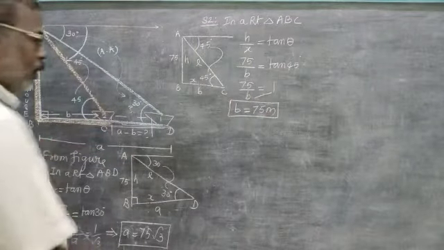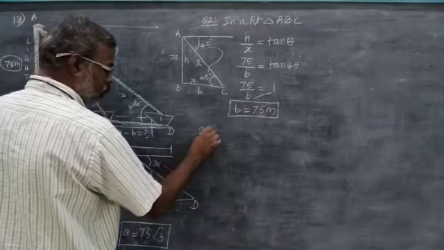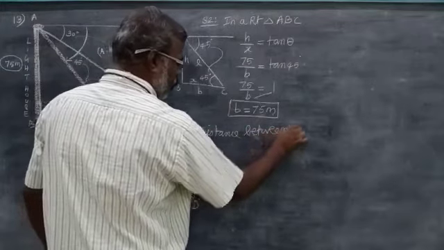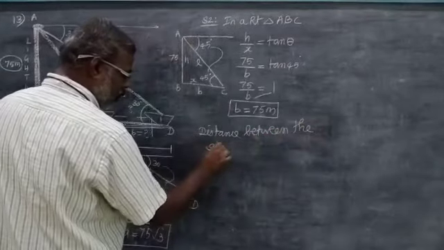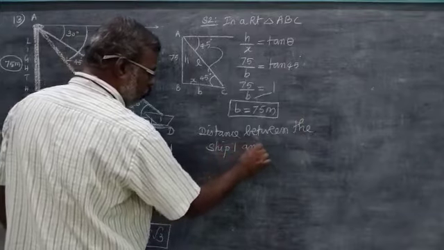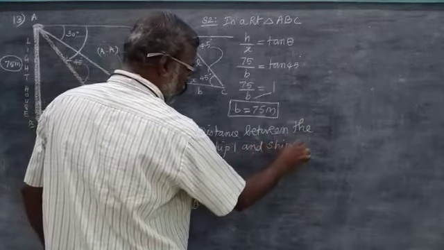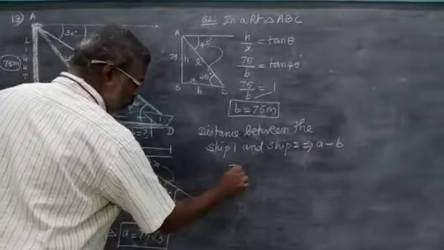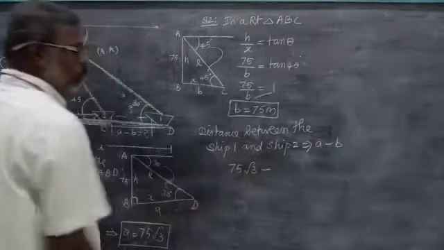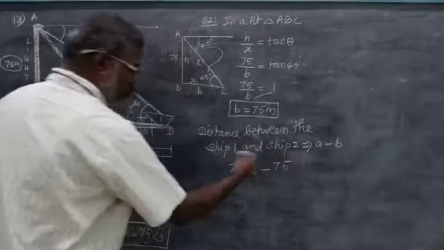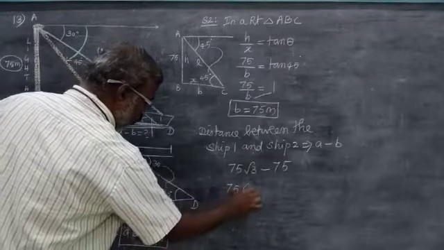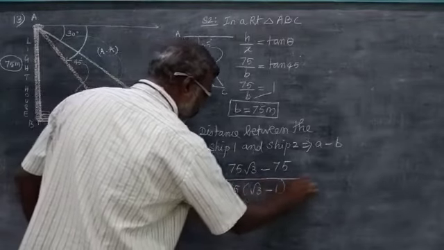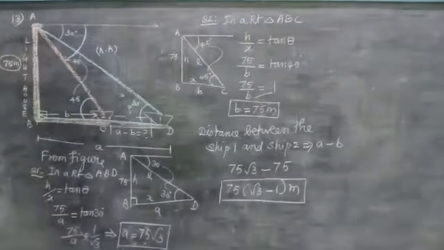Now the distance between the ships, that is step number 3. The distance between ship 1 and ship 2 equals A minus B. So the A value is 75 root 3 meters minus the B value, 75 meters. Taking the common factor 75, it is 75 into root 3 minus 1 meters. Therefore the distance between the two ships is 75 into root 3 minus 1.